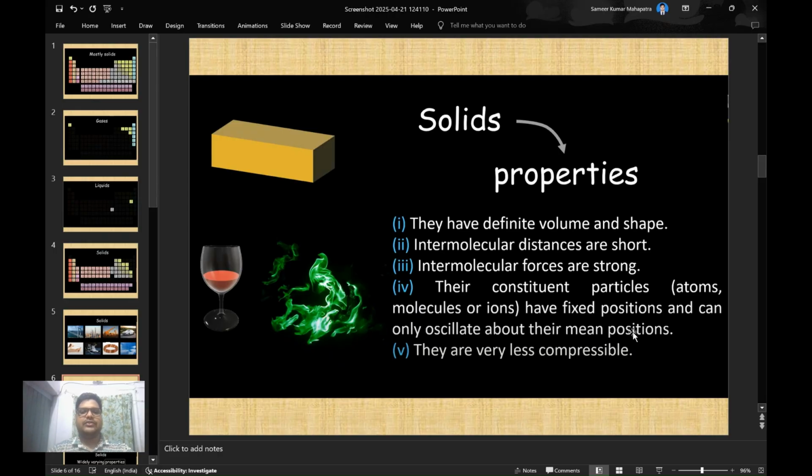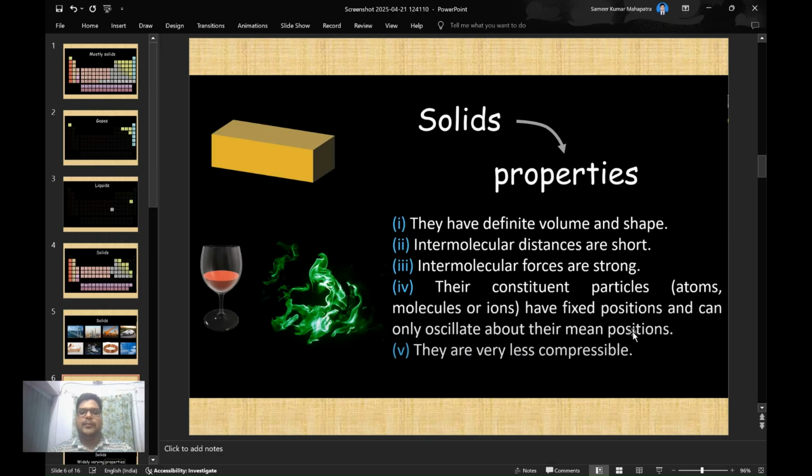So if we distinguish the solid state from liquids and gases, then in terms of intermolecular distance, the solid state has a very small distance compared to liquids and gases. In terms of intermolecular forces, the solid state has the highest and strongest forces compared to liquids and gases.